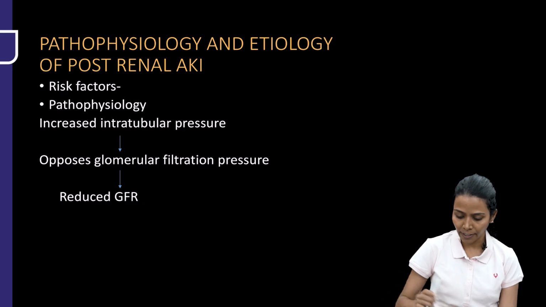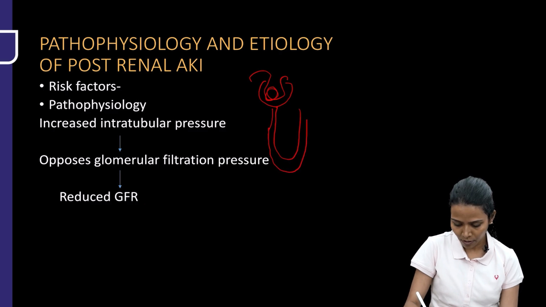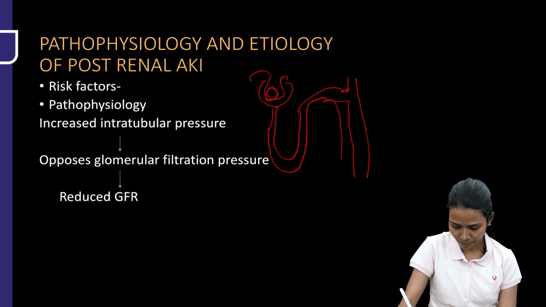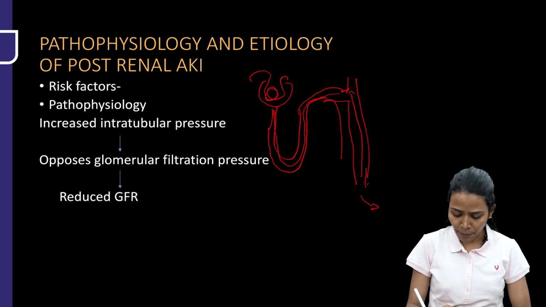So what is going to happen if this is the glomerulus and this is the tubule, loop of Henle, distal tubule and collecting duct? Now what is going to happen? The urine flow is going to be blocked. There's going to be increased pressure in the tubule. So always here in the glomerulus, there should be higher pressure than the tubule.